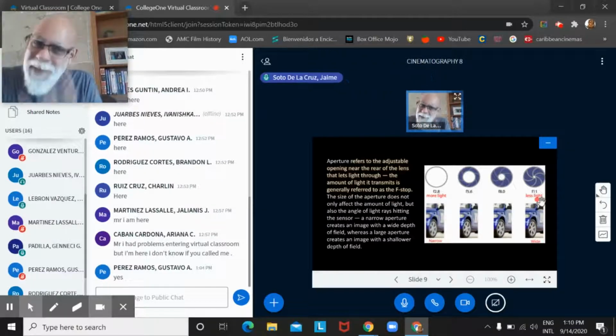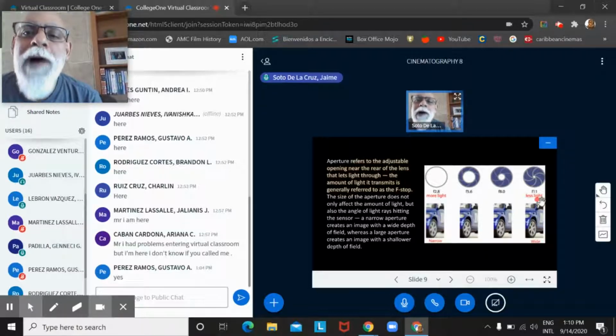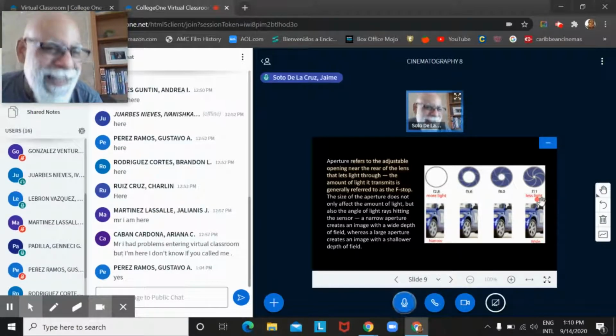Well, let me explain something. Not all lenses are the same. Some lenses, the cheaper ones, will probably give you an f-stop from 22 to 5 or 4.5. That's the lowest it can get.